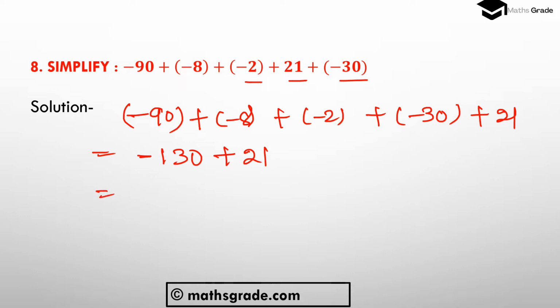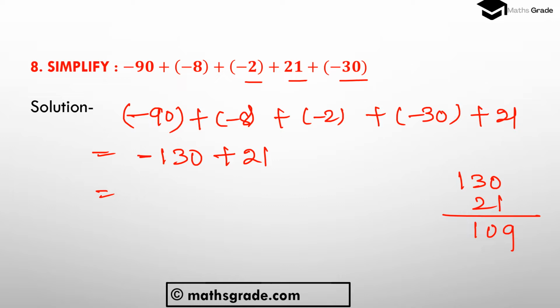Now these two integers are of different sign. When we add two integers of different sign, just subtract the smaller integer from the bigger integer. Here 130 is the bigger integer and 21 is the smaller. Now subtract 130 minus 21: 30 minus 21 is 9 and this is 100, so 109. Put the sign of the bigger integer.